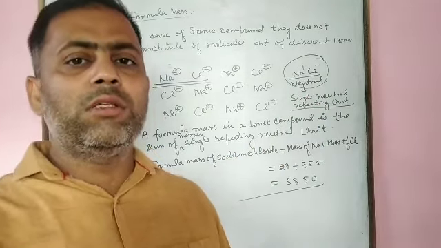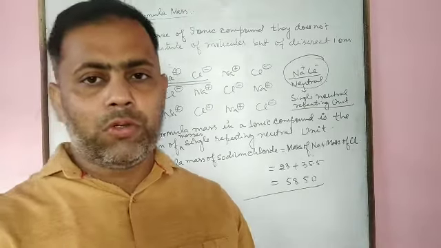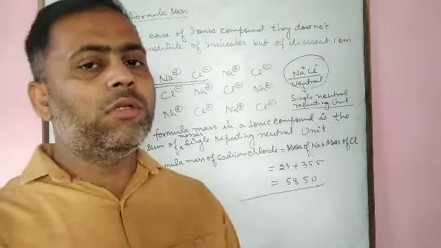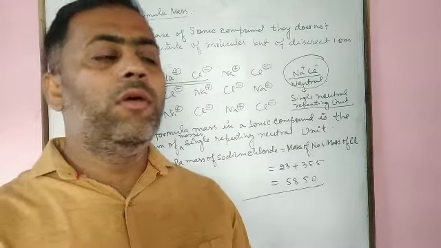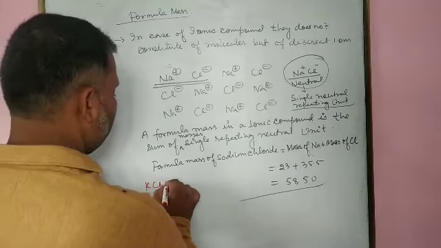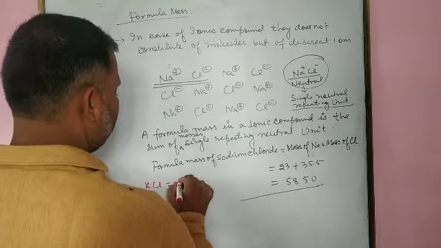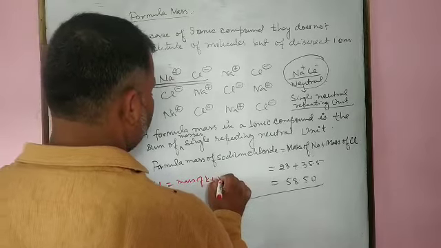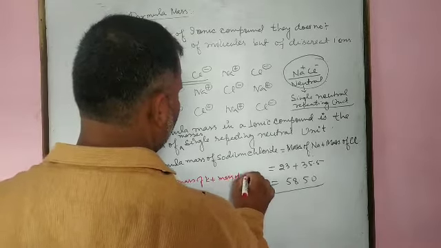Same is the case with other ionic compounds. For example, if we have potassium chloride crystals, the single repeating unit is KCl, so we add the mass of K plus the mass of chlorine.